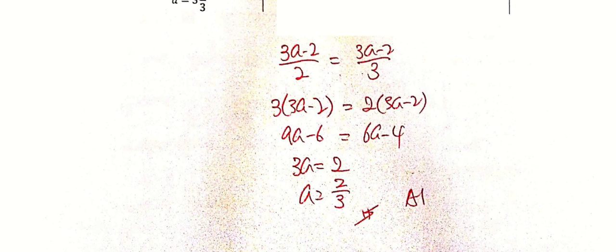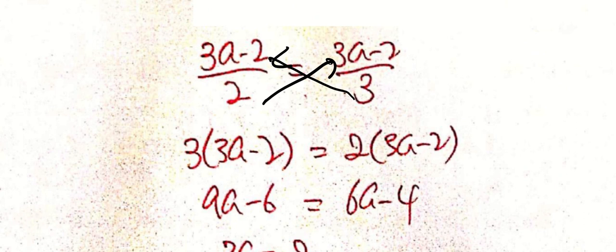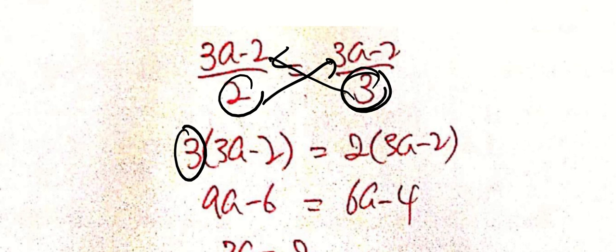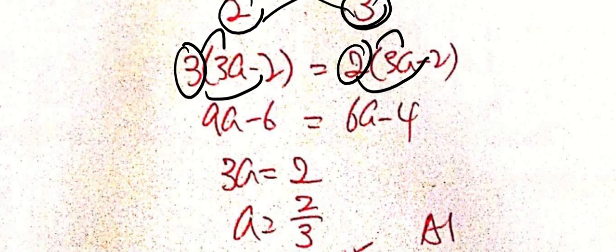Over here, if you're not too sure of what is done, it's cross multiplication. Actually, you should already know. The 3, after you cross up, appears here, and the 2 appears here. From here onwards, it's just the rainbow method, nothing too fancy.